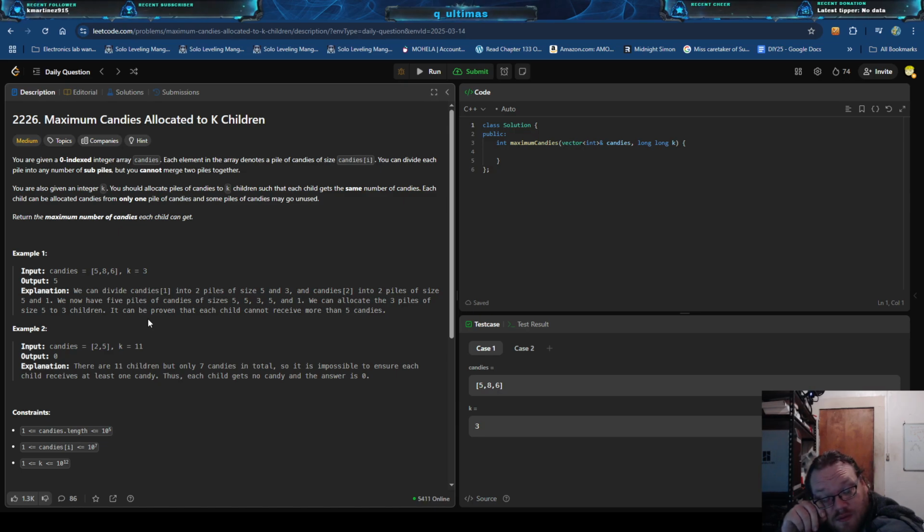You have 3, but you can't merge them, right? So you're looking for the minimum of the k largest candies.